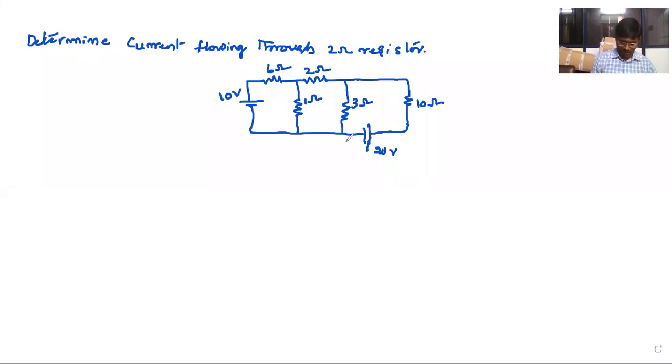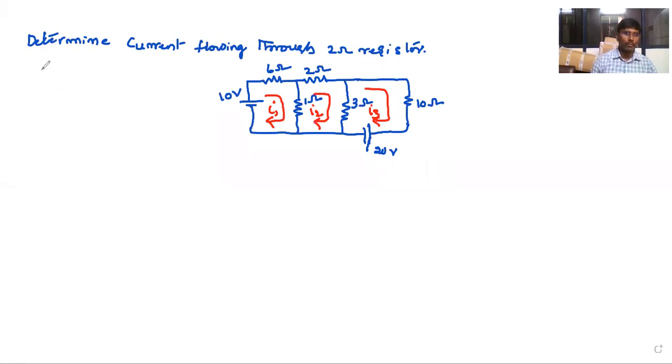Therefore, for simplicity, take all loop currents in the clockwise direction: I1, I2 and I3. Then you apply KVL for each loop.